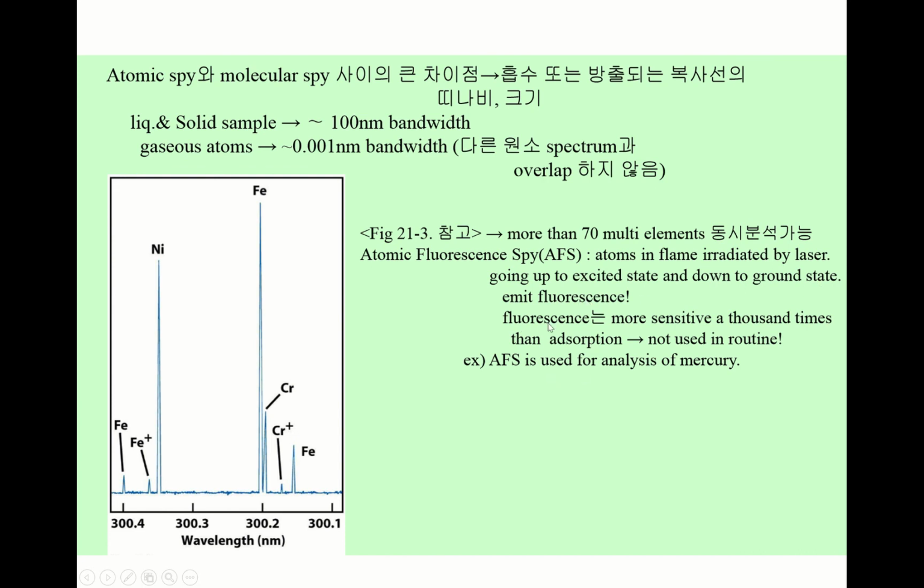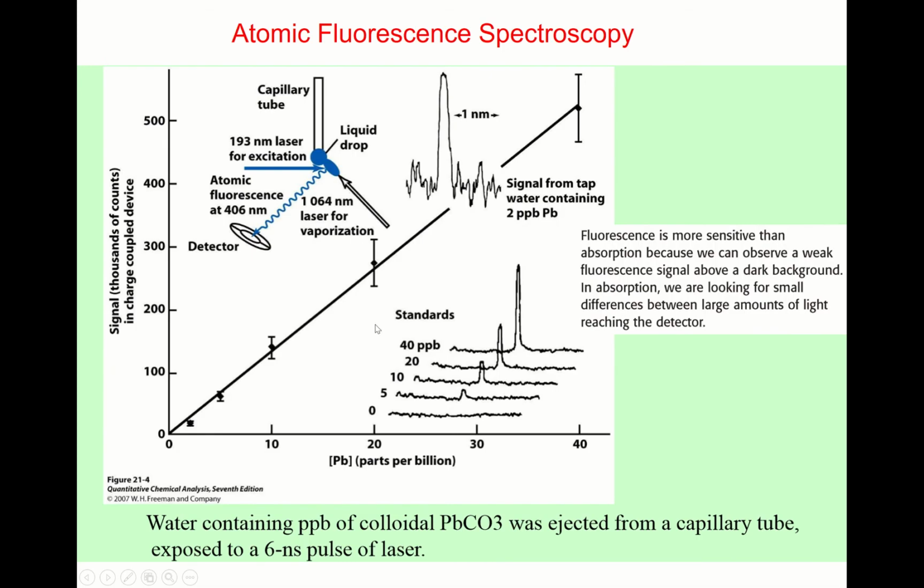Fluorescence is more sensitive. How sensitive? 1,000 times more than absorption. But it is not used in routine work. Here is an example. This figure shows how atomic fluorescence spectroscopy is done.